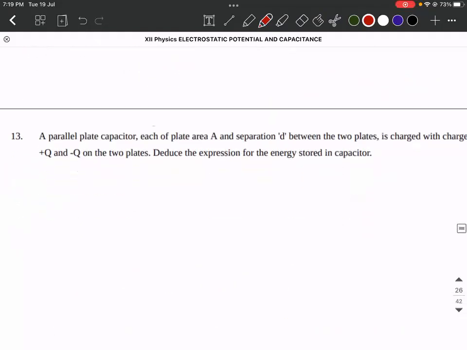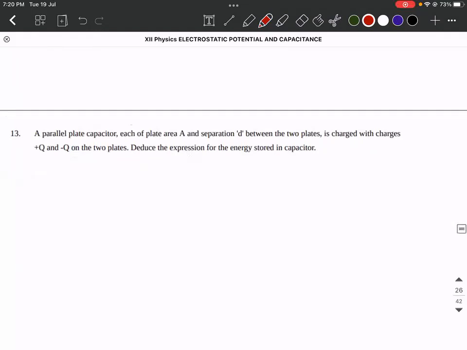There is a parallel plate capacitor, each plate of area A and separation D between the two plates, charged with charges plus Q and minus Q on the two plates. Derive the expression for the energy stored.